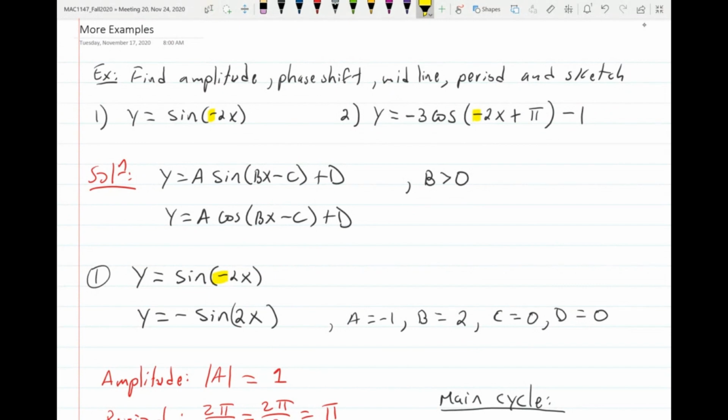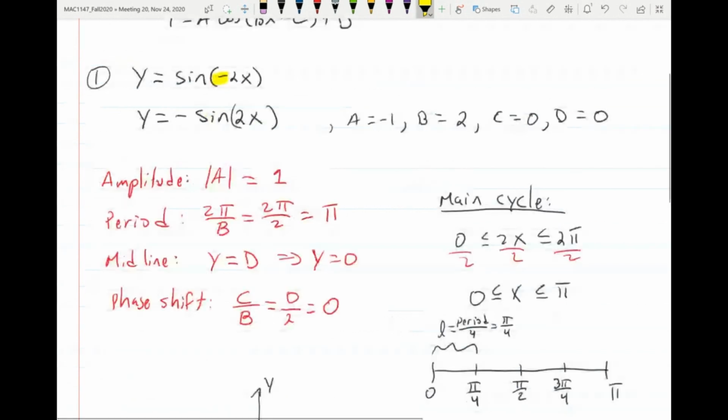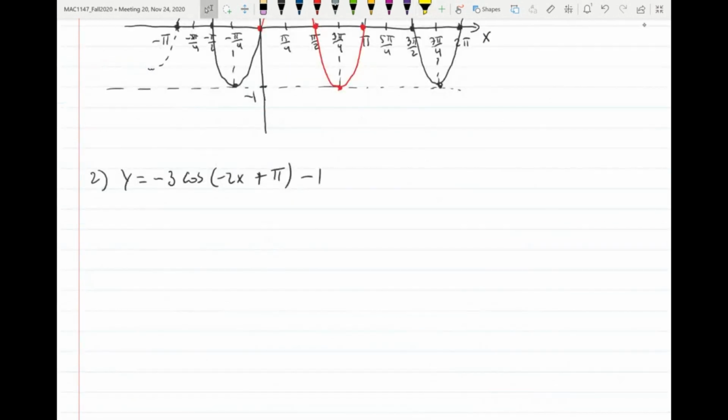This is very important. It's very easy to ignore, but this is very important. Otherwise, all of this technique will go downhill because then the formulas are not going to work. You need to have the formulas assume that B is positive. You okay with this? All right. So this is not in a standard form because there is a negative here that does not belong. Okay. So we need to get rid of it.